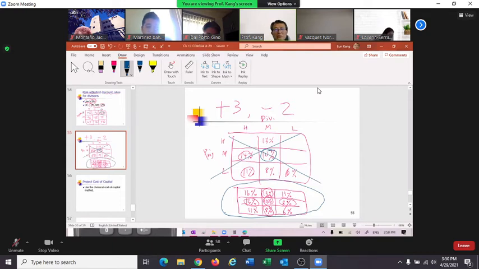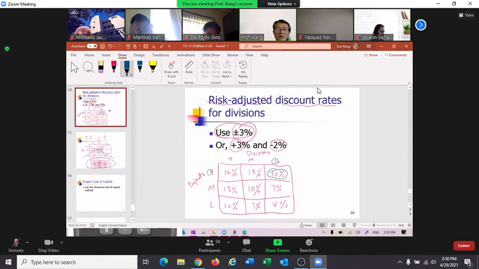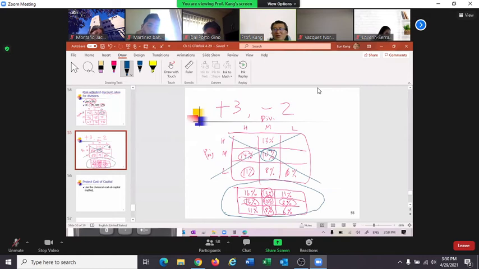Scenario analysis, sensitivity analysis, Monte Carlo simulation do not generate a decision rule. They just show you how risky. And once you know the riskiness, then the decision rule is like this: plus 3 minus 2 or plus 3 minus 3. Plus 3 minus 3 is easy, so may not be on the exam. Plus 3 minus 2, you have to know how to do it correctly.